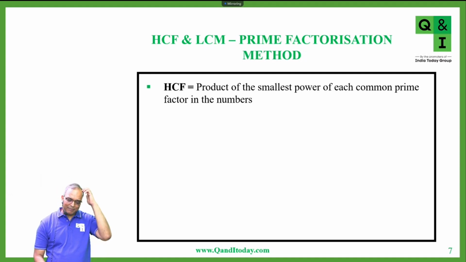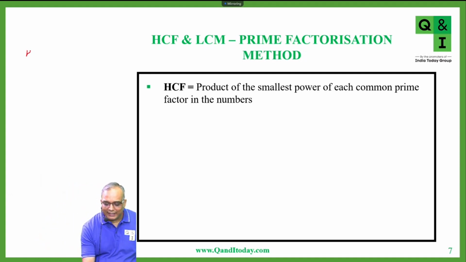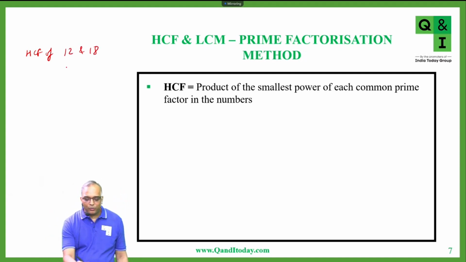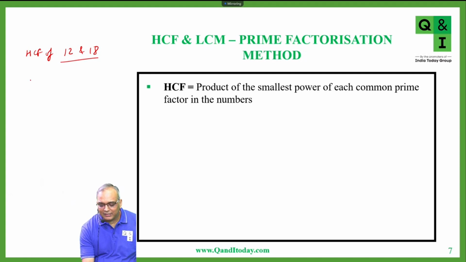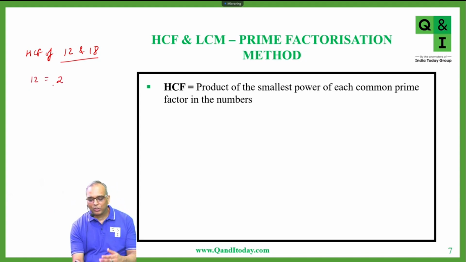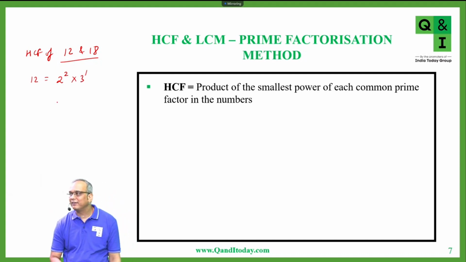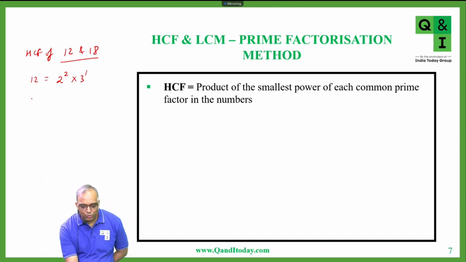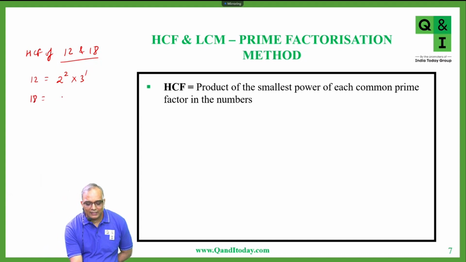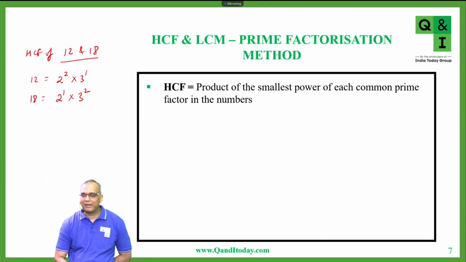For example, if we have to find the HCF of 12 and 18, first find the prime factors of 12. This is very easy: 2 to the power 2 into 3 to the power 1. Then find the prime factors of 18, which is 2 to the power 1 into 3 to the power 2.